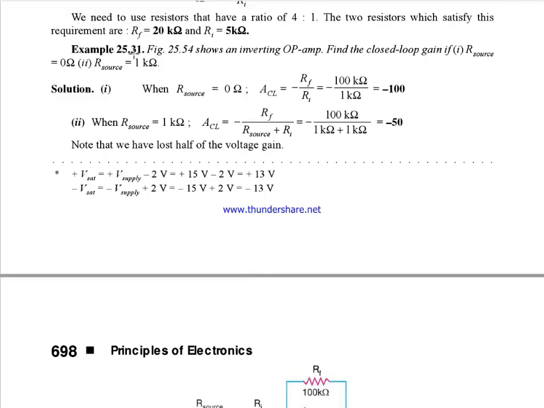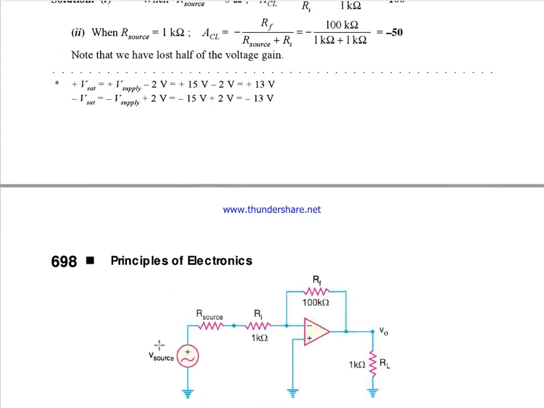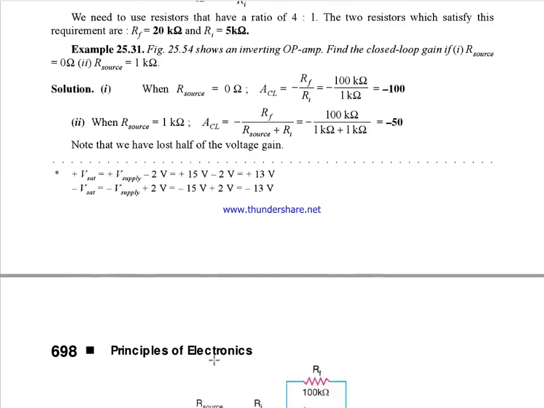Next, check this example 25.31. It shows an inverting op-amp; find the closed loop gain if R source is 0 and R source is 1 kilo ohm. That is the resistance of the source. Actually we consider the resistance of the source as 0. But if we have the resistance for the source, then the equation will be different.